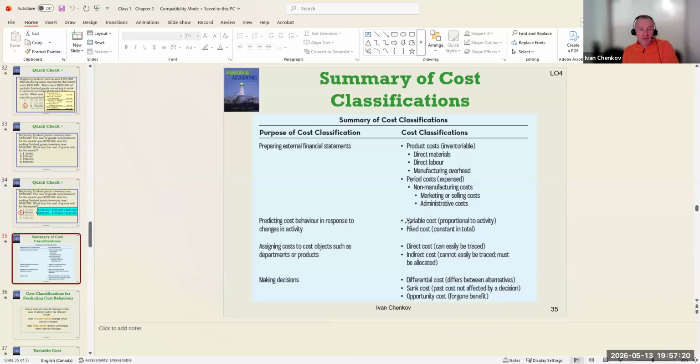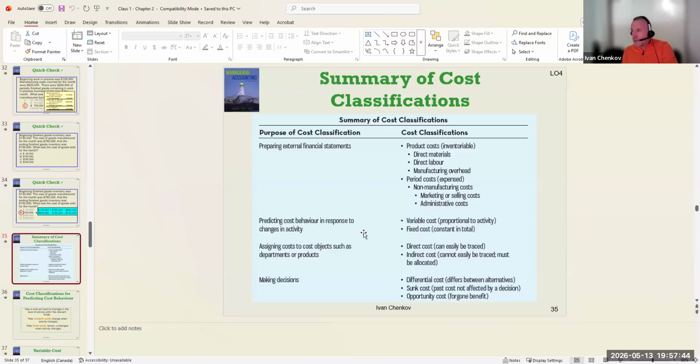Based on how the costs behave, we're going to have variable cost and fixed cost, and we're going to see how each one behaves. Now, when we're assigning the cost directly to the object, we're going to have two types of costs: direct cost and indirect cost.